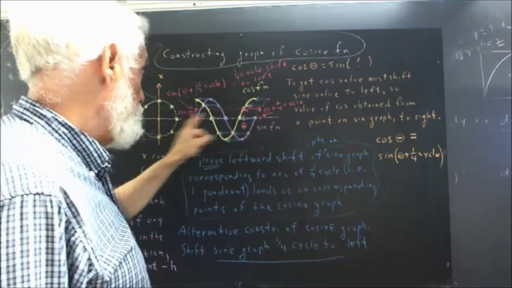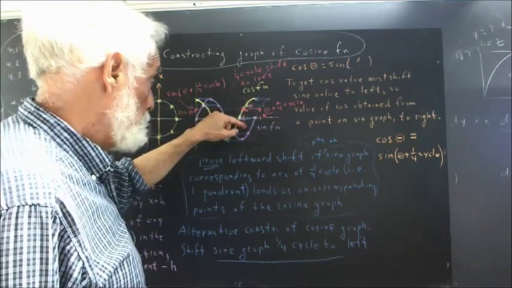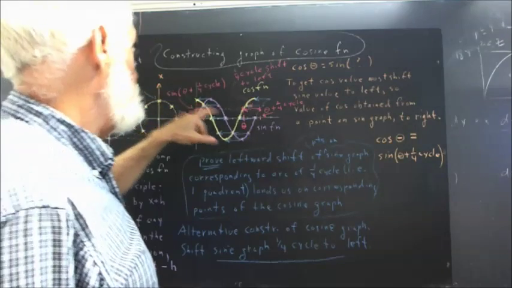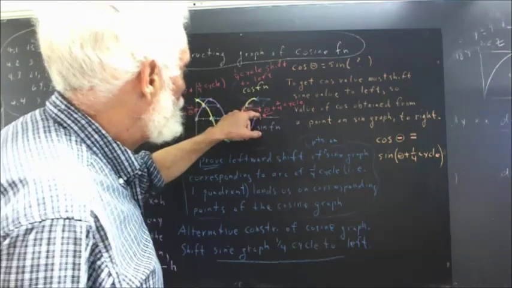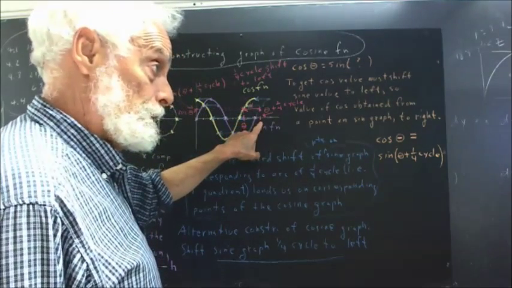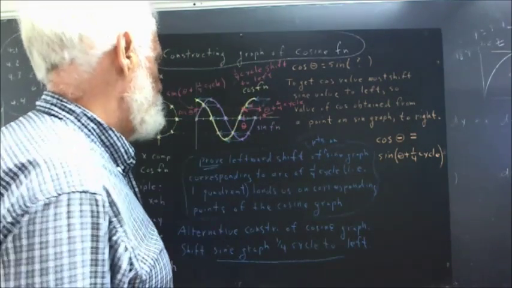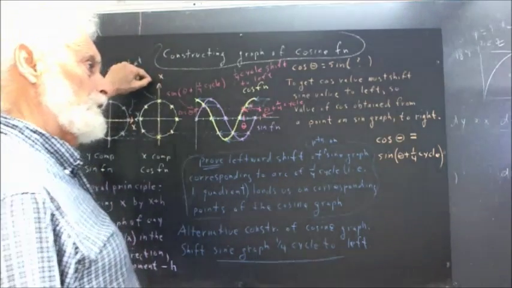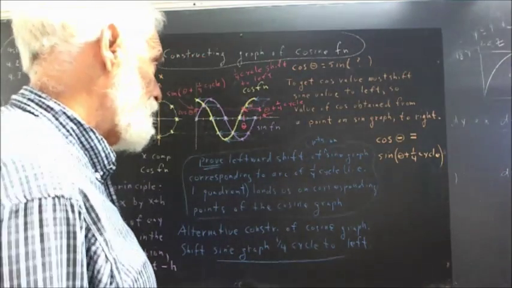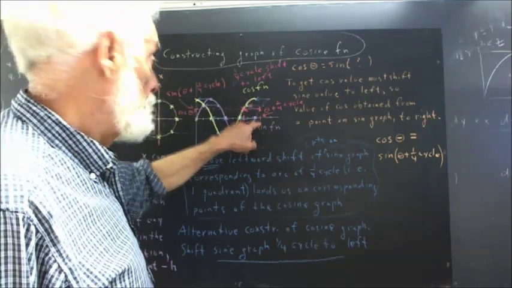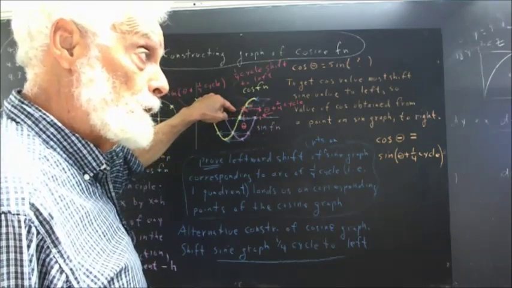So cosine of theta, which is just what we get when we project up to the cosine graph and over, has to be equal to the sine at this value along the horizontal axis. Don't like to talk about x because I've got an x-axis over here. We don't have too many x-axes. Okay, and what's the coordinate of this point where we get the value of the cosine from?